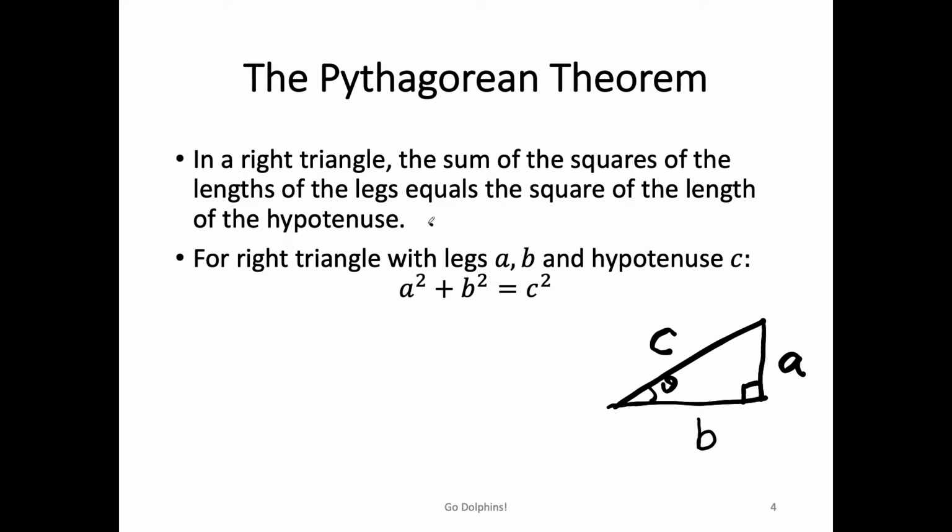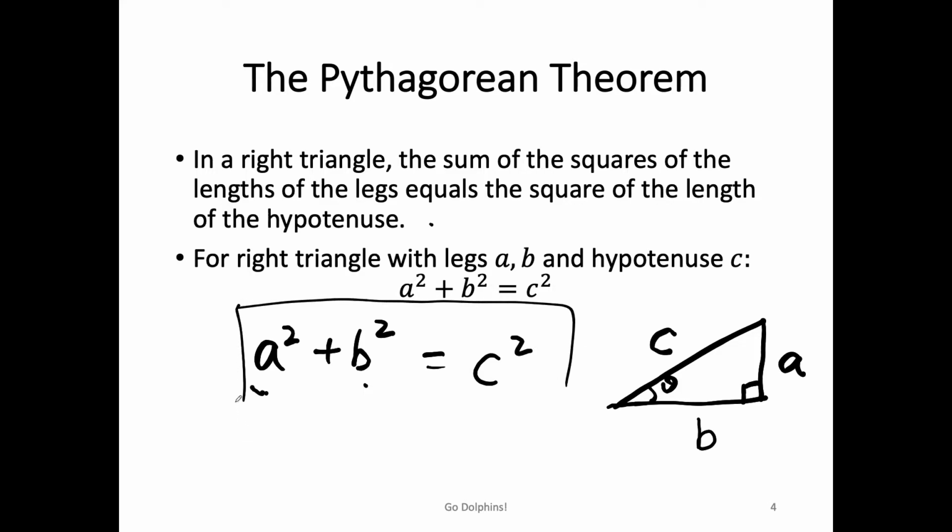And this sentence basically tells us the sum of the squares of the legs, A squared plus B squared, equals the square of the length of the hypotenuse, C squared.